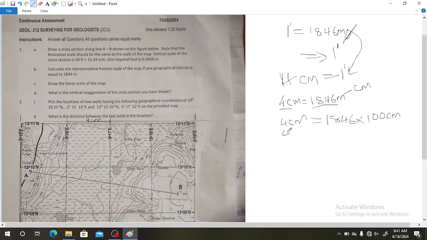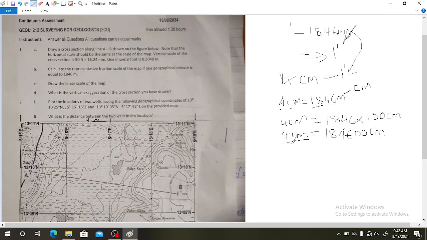We have 4 centimeter is equal to 1846 with the addition of 2 zeros, in centimeters. We want to break this into the lowest fraction.